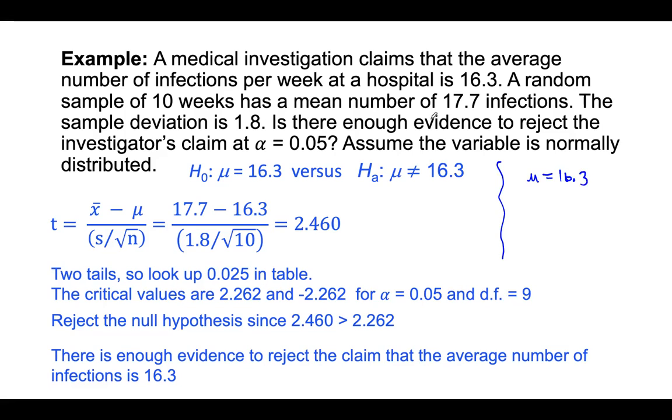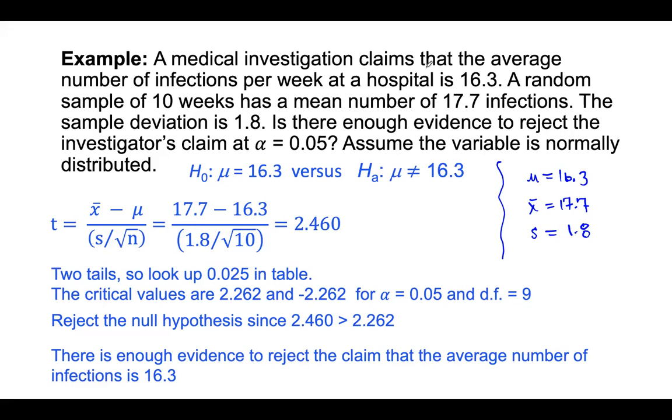A random sample of 10 weeks has a mean number of 17.5. The standard deviation, S, is 1.8. Is there enough evidence to reject the investigator's claim at alpha equals 0.05?